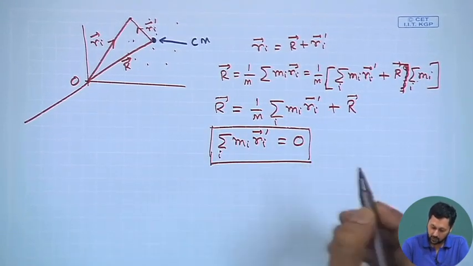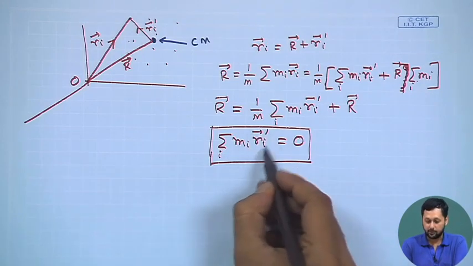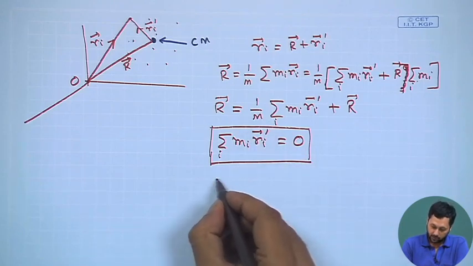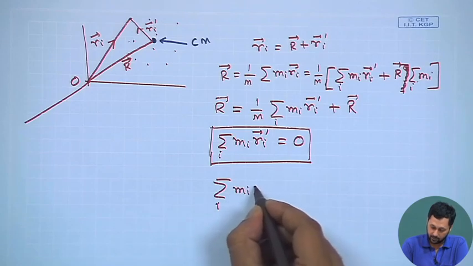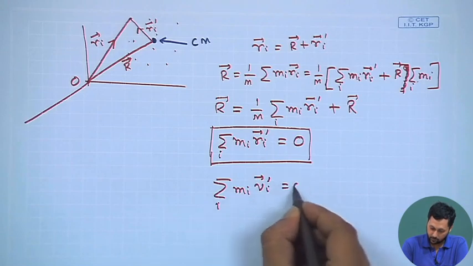Also, if I take the time derivative of it, then the time derivative of the position vector with respect to the center of mass will give you the velocity. So, I can also write a relation that sum over i m_i v_i prime is equal to 0.